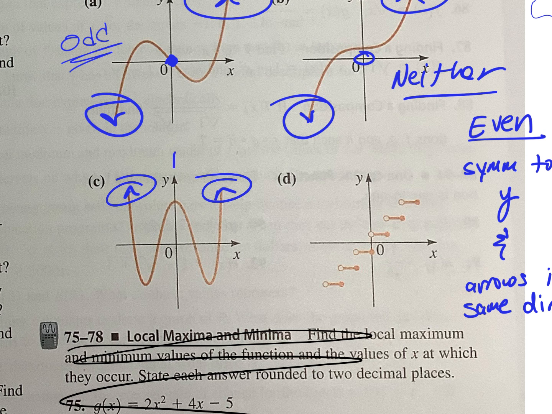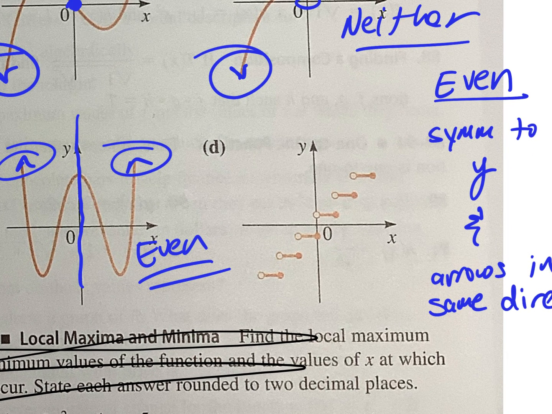Does the y-axis cut this bad boy in half? So this function is even. Good. All right, this is called the step function. Do I have arrows going in opposite or same directions? There's no arrows, right? What is this, guys? This is a big neither.